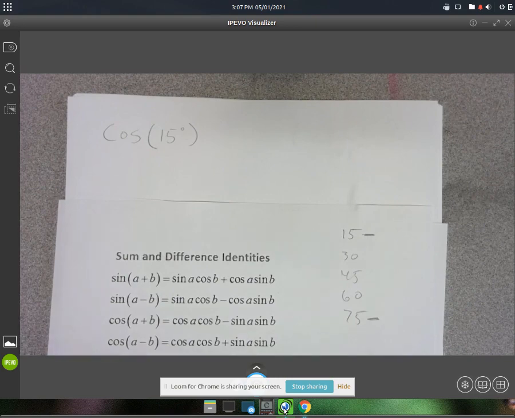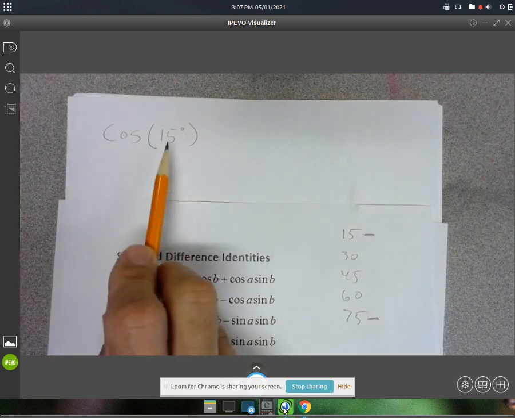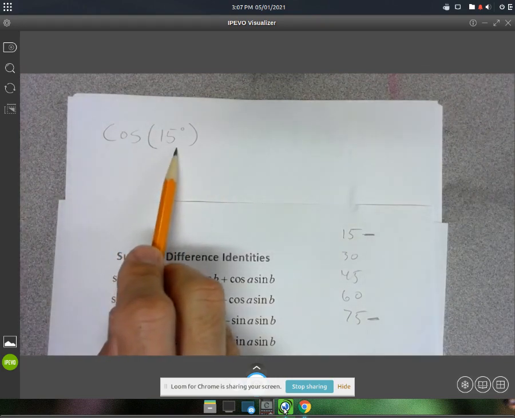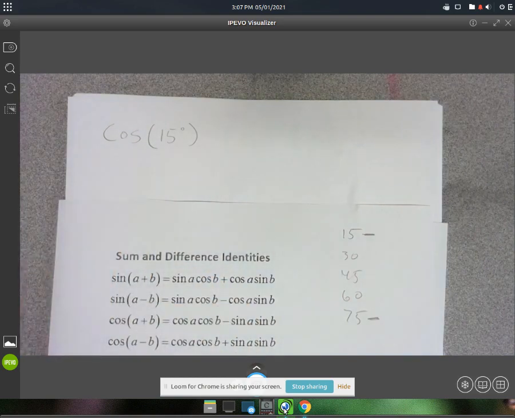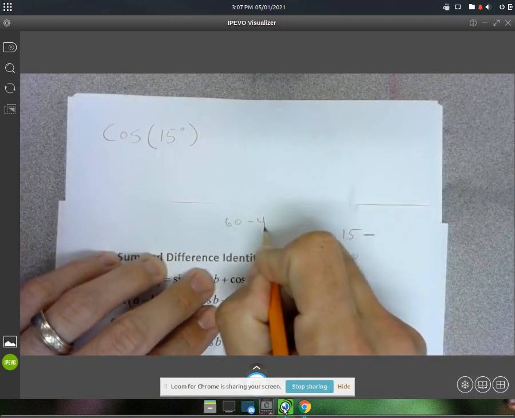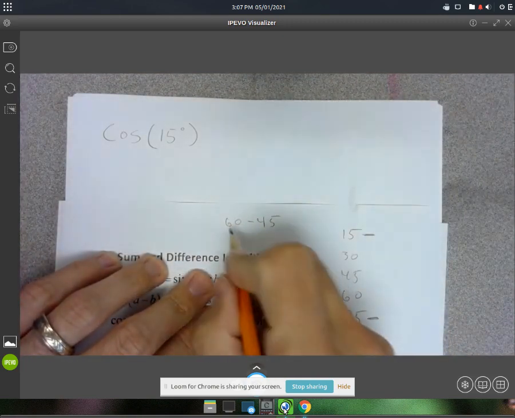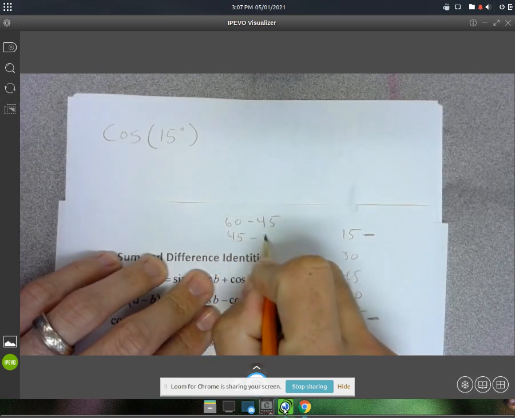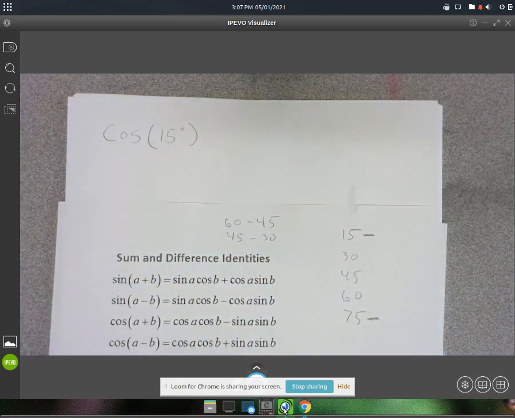All right. So the first thing we want to do is express this 15 in terms of two angles that we are familiar with. We could either call this 60 minus 45, or we could call it 45 minus 30.